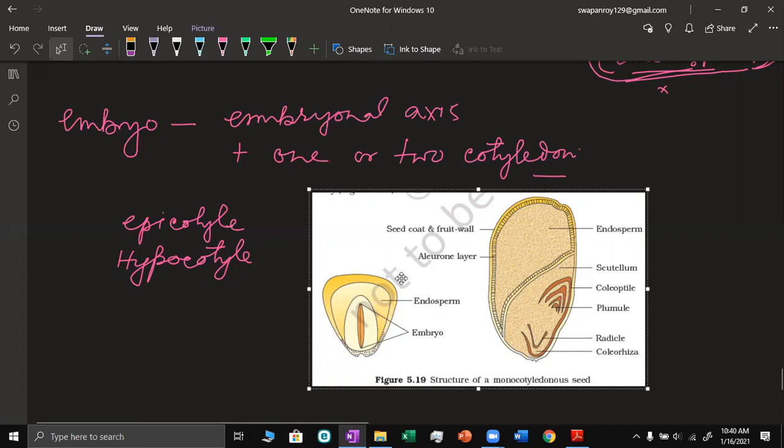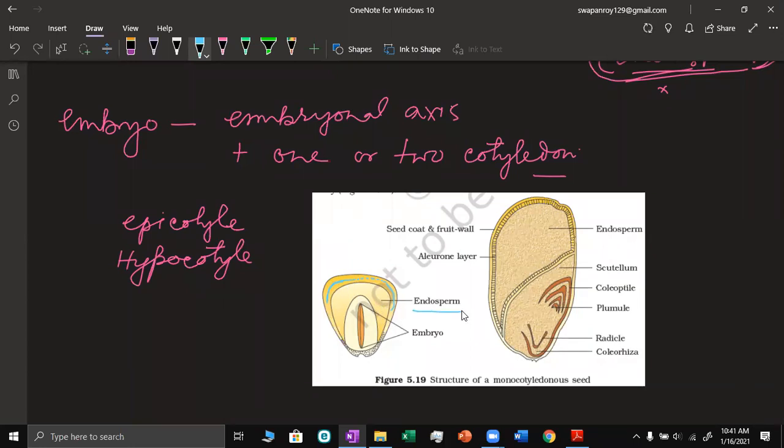Okay, and here you can see this is the wall of the ovary, and this portion is the seed. So it is fused, and the major portion of the maize grain is occupied by the endosperm.